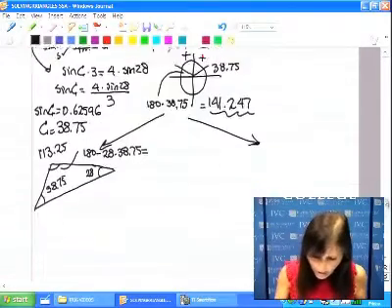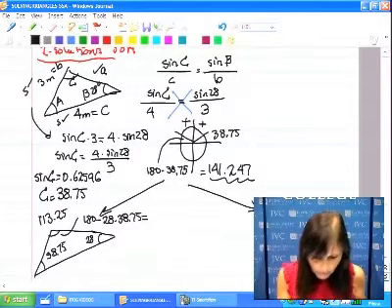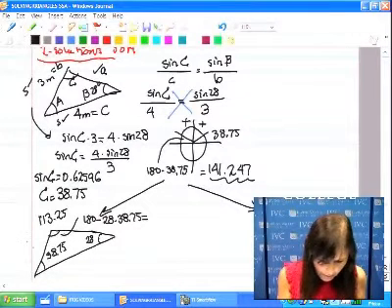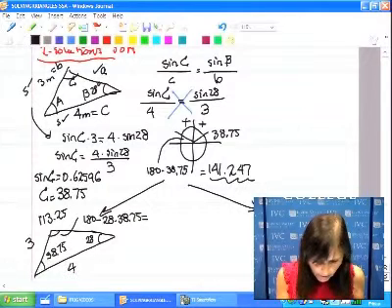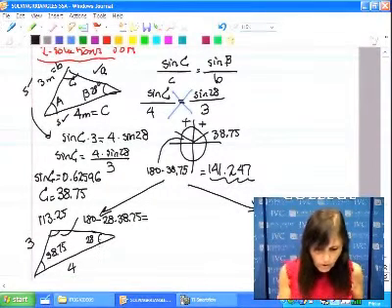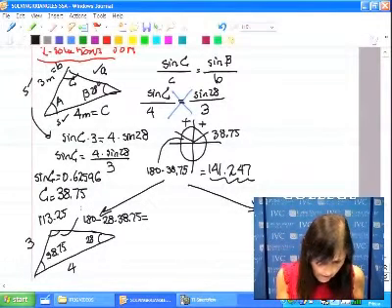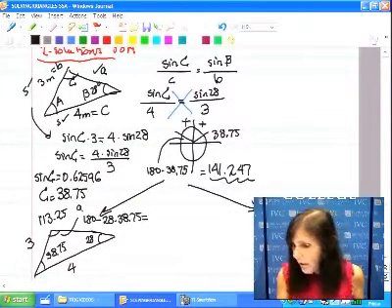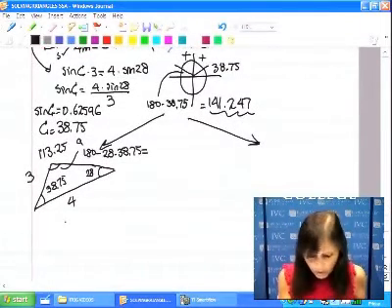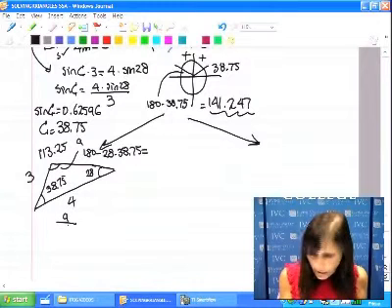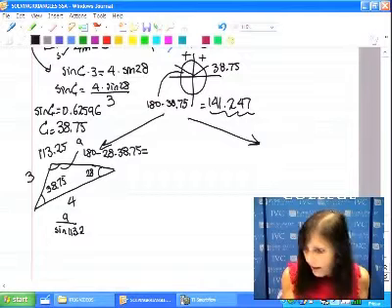So what does that look like? If I have 113.25, and 28, I have a 3 here, and I have a 4 here, and I can actually go and calculate the A, which is this one. So let's write this down. I can write A over sine of 113.25.